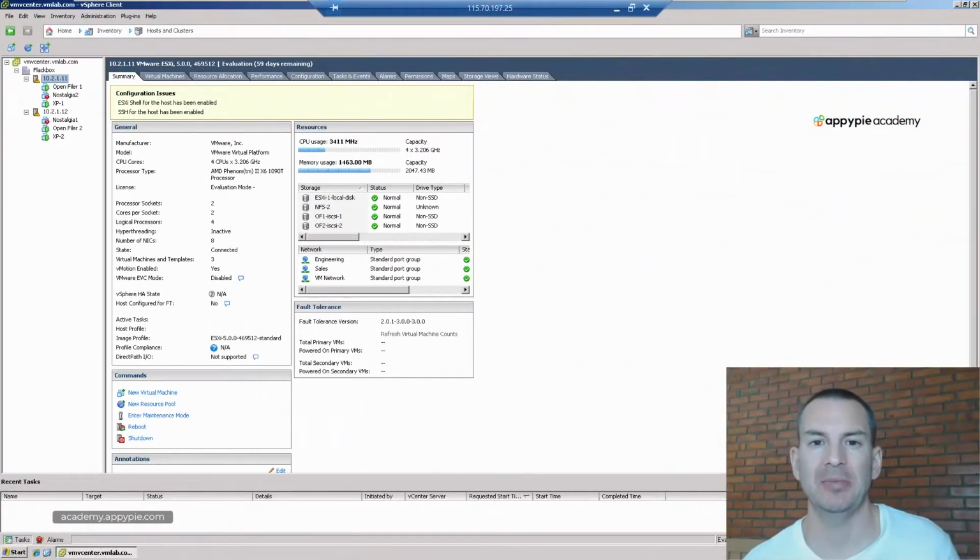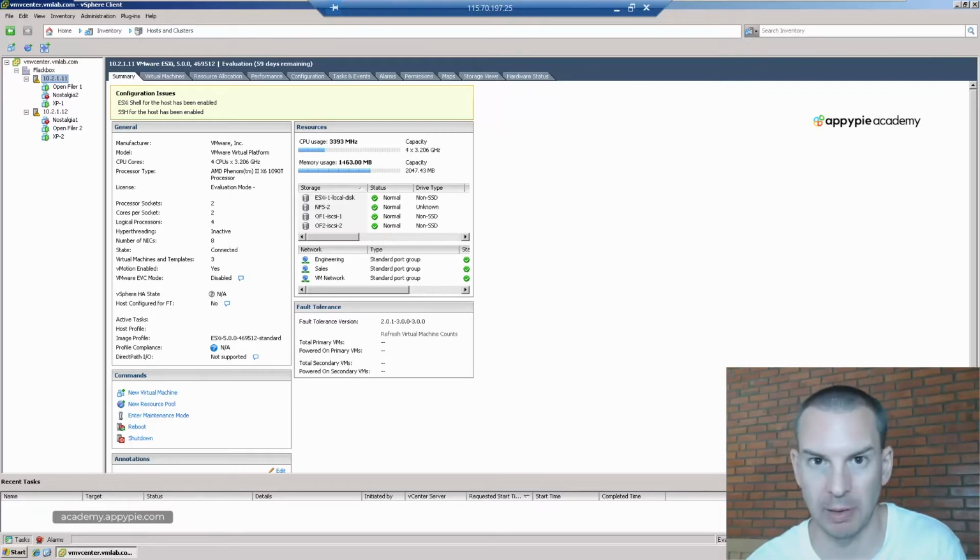So I'm back here in my VMware lab and in my management station, and this is similar to the kind of software that cloud providers would be using to manage their hosts and virtual machines. Maybe they'd be using VMware, or maybe they're using some other vendor's hypervisor, like maybe Citrix Xen Server.